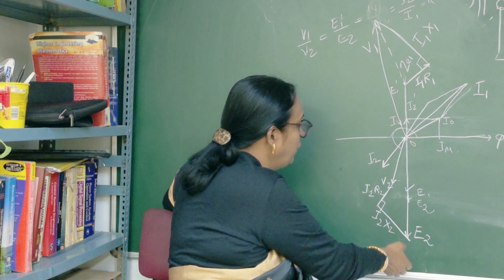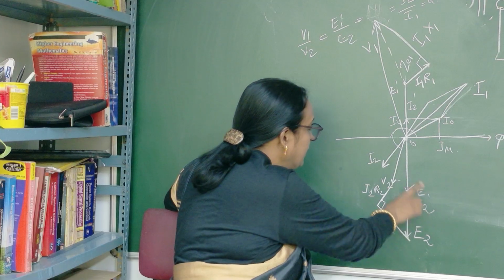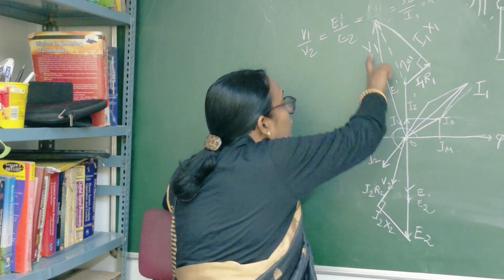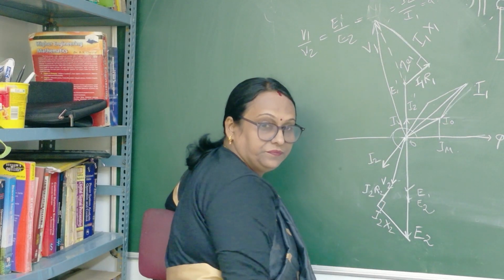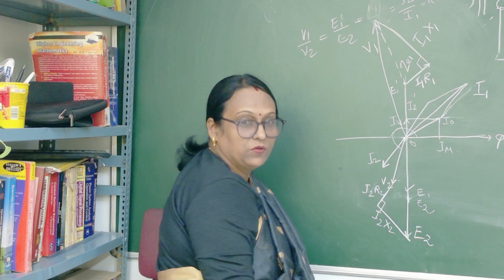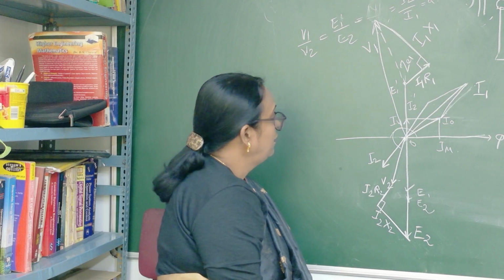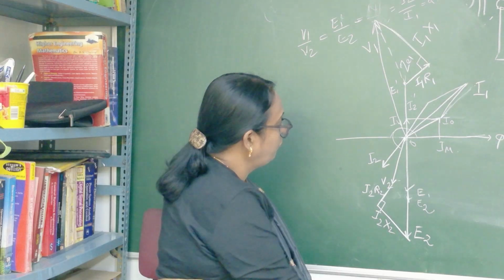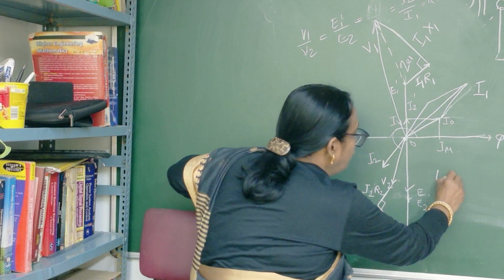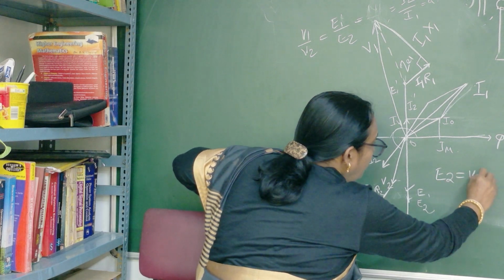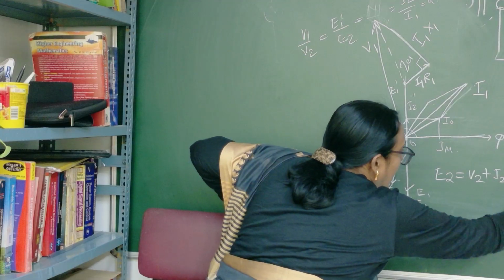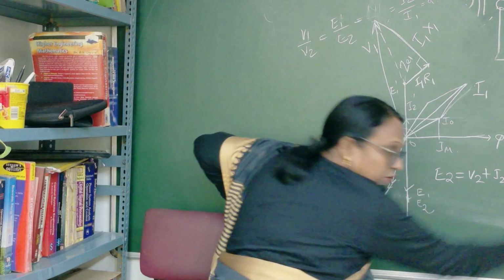In the secondary side, we can see E2 is greater than V2. In the primary side, we can see V1 is greater than E1. So in a practical transformer, this is the result.